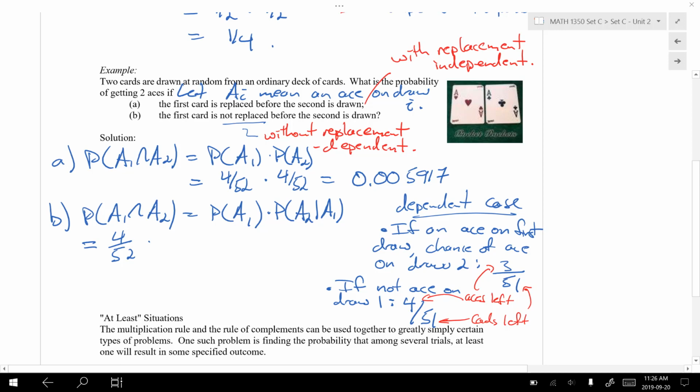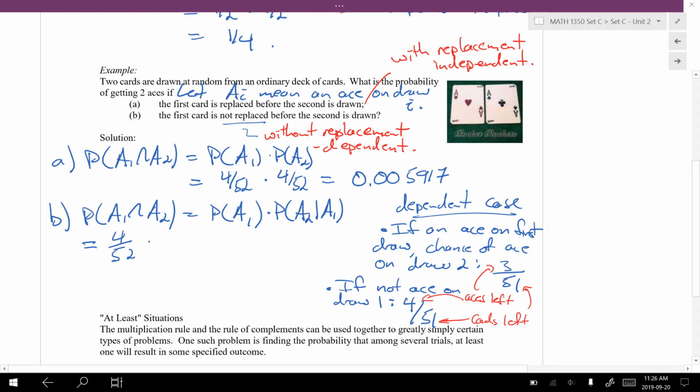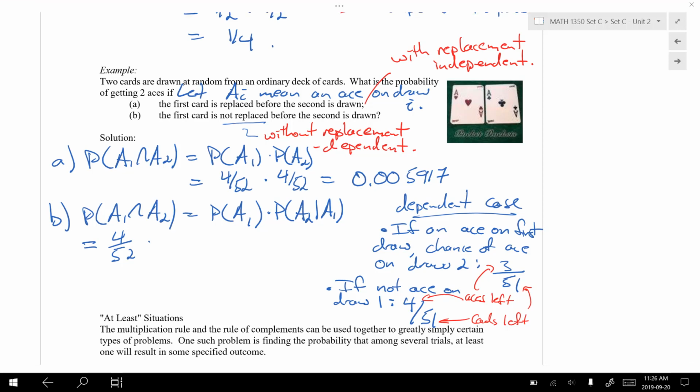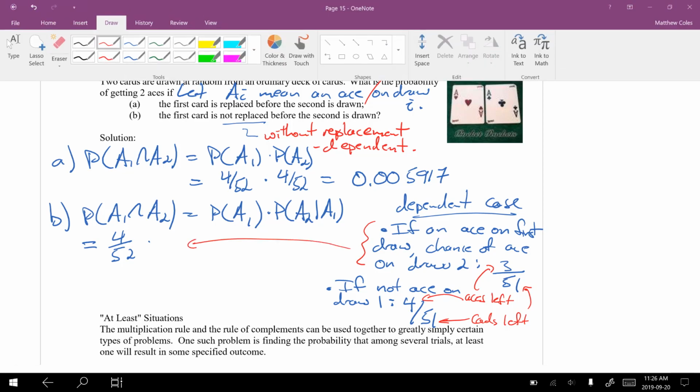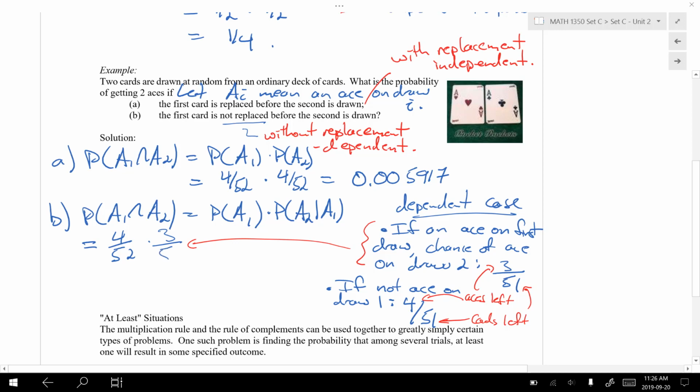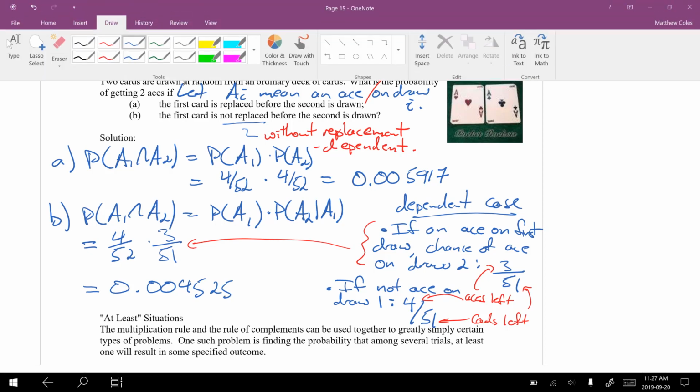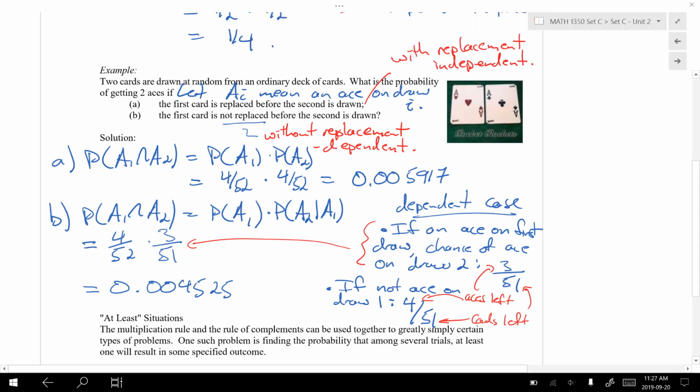That we have done over here, in this first case, assuming we got an ace. Then we pull in this 3 over 51, the chance of us getting that second ace. This gives us a slightly smaller probability, since one of the aces is already gone, and there are lots of cards in the deck. It's harder to get the second ace than it was to get 2 aces together.